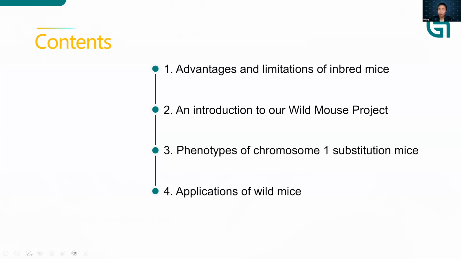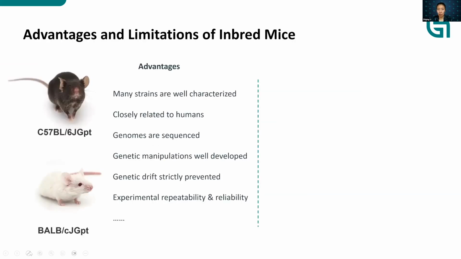And then we'll go into the wild mouse project to let you know what we have been doing and what our idea is behind this particular project. And the third part will introduce a couple of strains that have come out fruitfully from this wild mouse project, and then some application notes on the current status of that project.